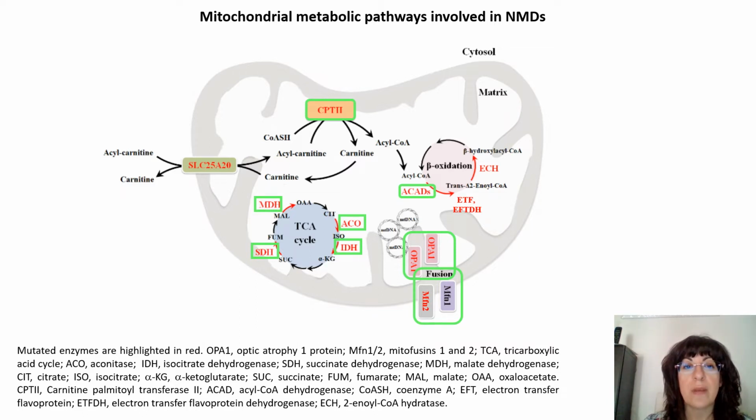The same consequences are seen when mutations are found in the gene encoding acyl-CoA dehydrogenase, in particular short-chain acyl-CoA dehydrogenase and very long-chain acyl-CoA dehydrogenase. Other mutations have been found in the gene encoding electron transfer flavoprotein and its dehydrogenase.